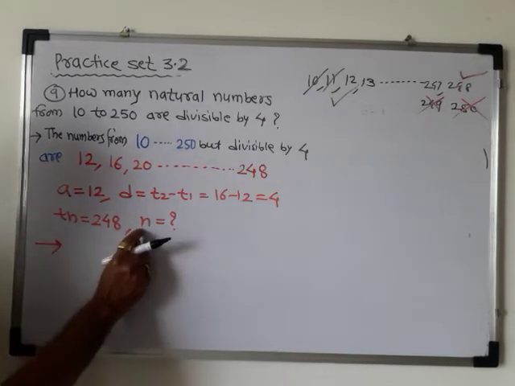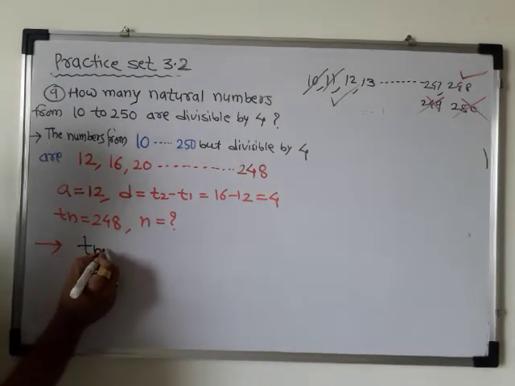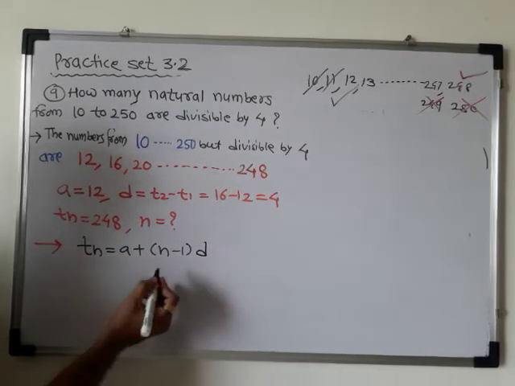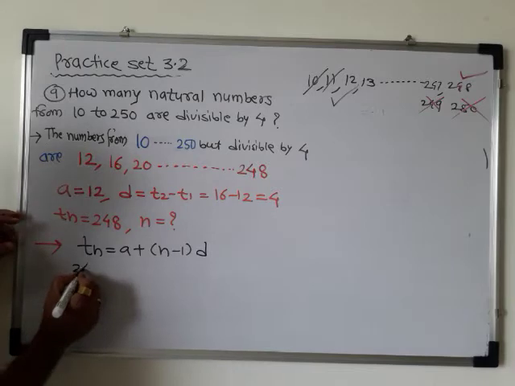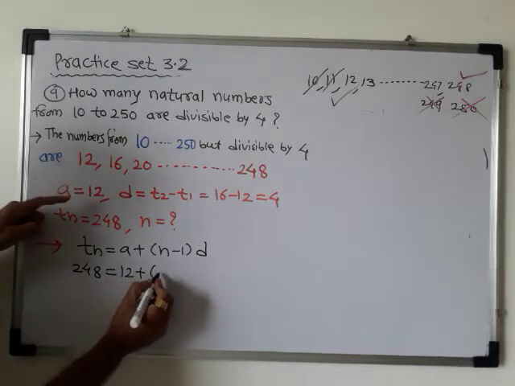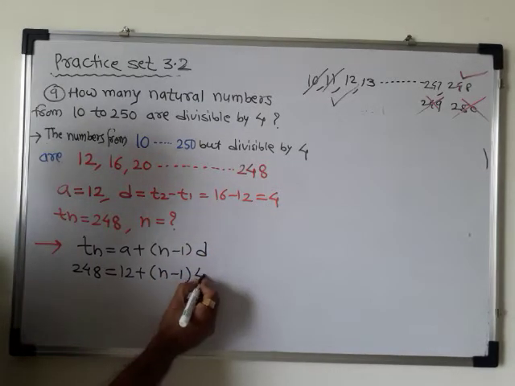So for n you will get question mark. Formula saying Tn is equal to a plus n minus 1 into d. Tn means 248. A is the first term, 12. N you have to find, and d is the common difference.